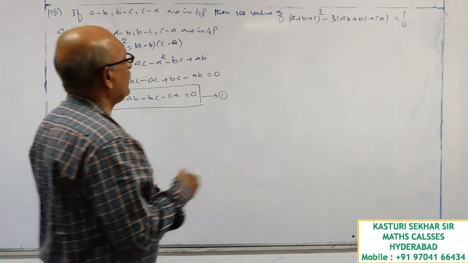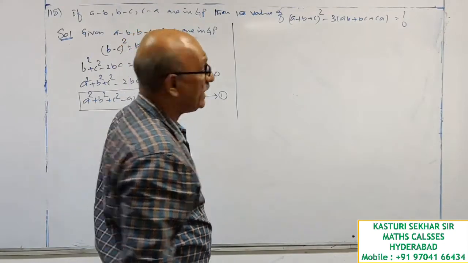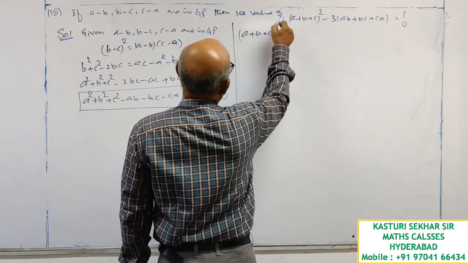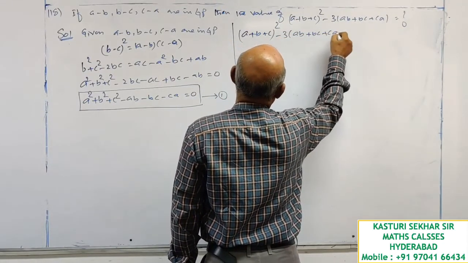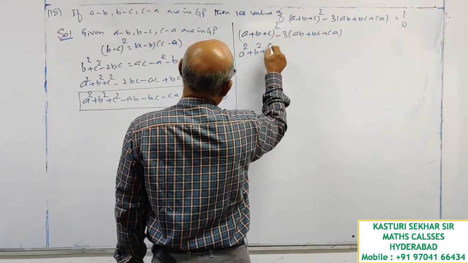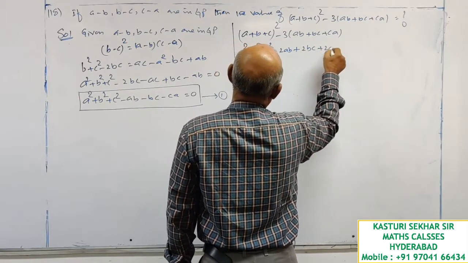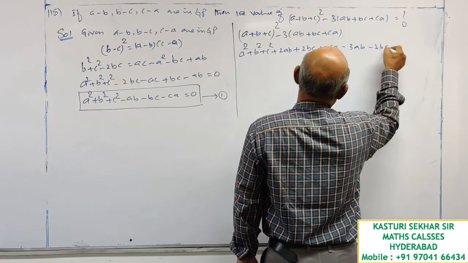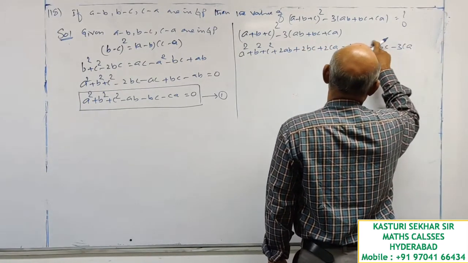Now let us consider the expression whose value we have to calculate: (a plus b plus c) whole square minus 3 into (ab plus bc plus ca). This is a square plus b square plus c square plus 2ab plus 2bc plus 2ca minus 3ab minus 3bc minus 3ca.